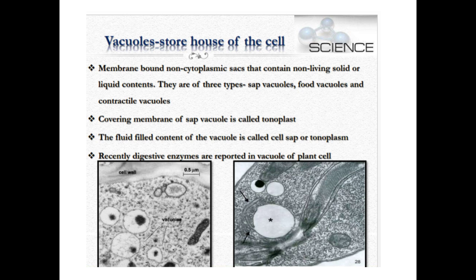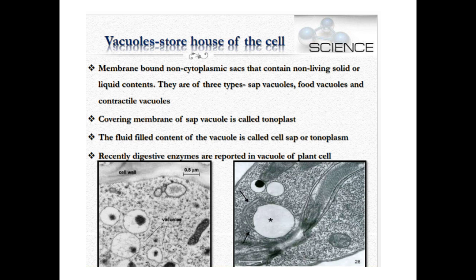They are of three types: sap vacuole, food vacuole and contractile vacuole. The covering membrane of the sap vacuole is called the tonoplast. In the sap vacuole, fluid is filled. This is called cell sap.